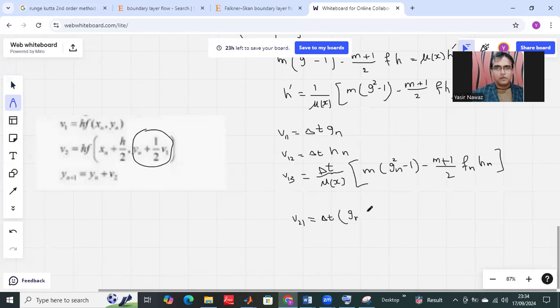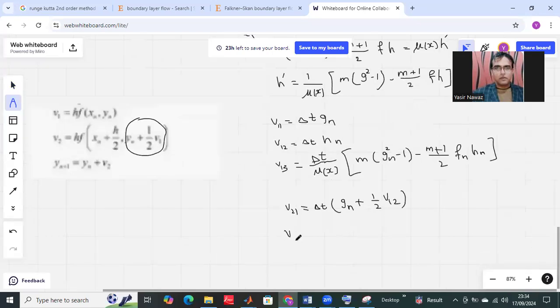So gn plus half V12, and then V22. V22 is delta t times hn plus half V13, and then V23.